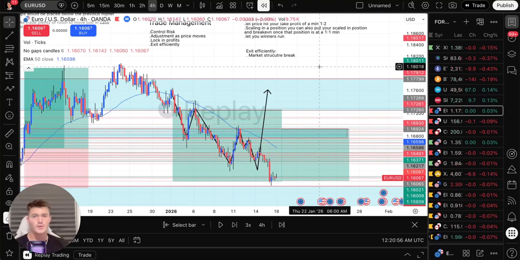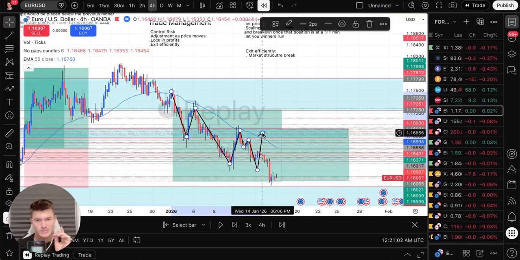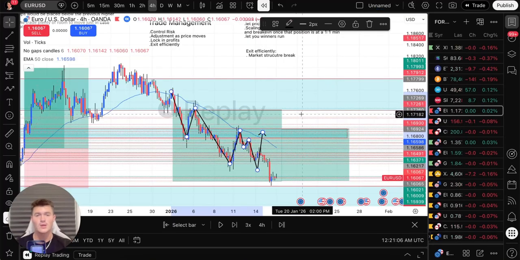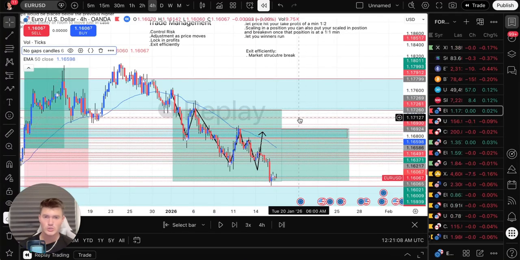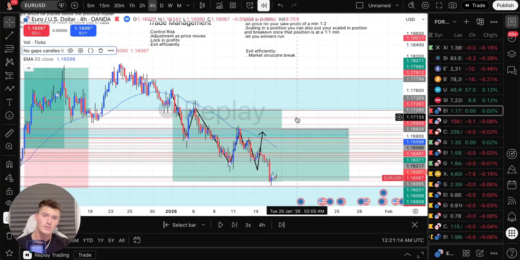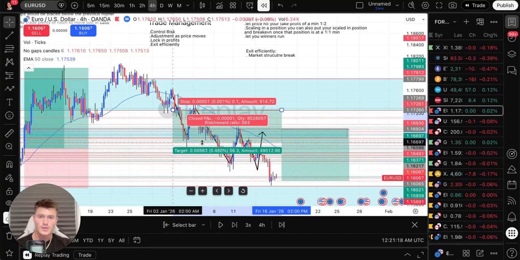So what do we do if the 4-hour closes? Now make sure it closes and it's not just a wick. Make sure this is a body candlestick close above, because that is true market structure break. So market closes, 4-hour shifts right here. What do we do? Well, you can do one of two things.